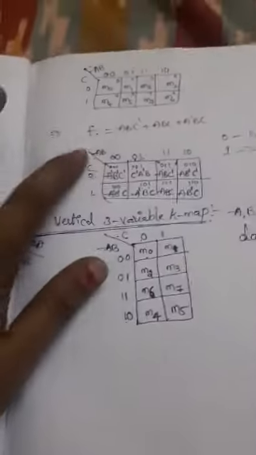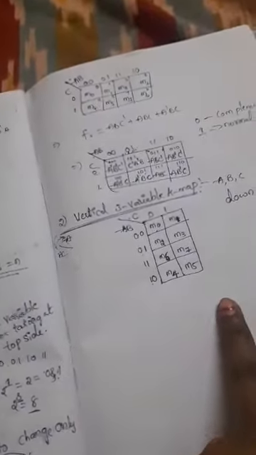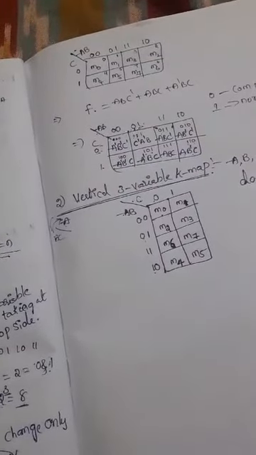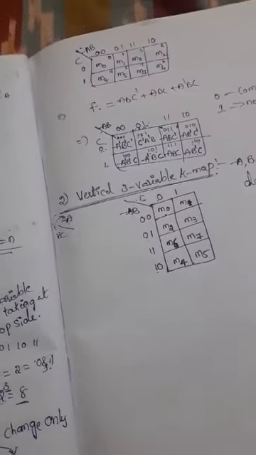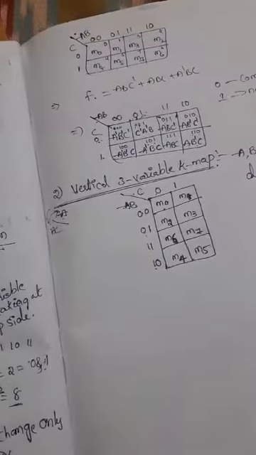By using either, you can solve or minimize this boolean expression. So this is the complete explanation of the three variable K map. It has two structures, one horizontal and another vertical. We also have the four variable K map, so in the next class we will discuss that topic. Okay, thank you.